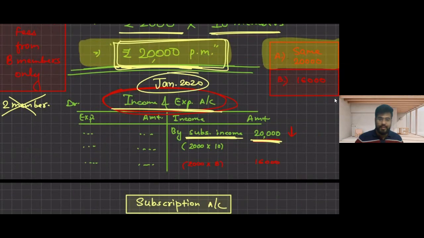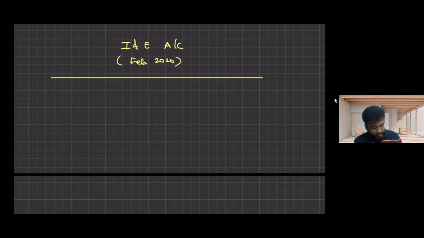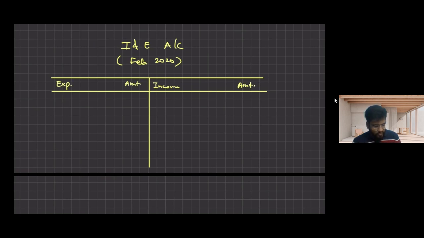So if I am preparing income and expenditure account for February 2020, so on my income side, and here we have the expenditure side, amount and amount. So on my income side, I will write by subscription income again rupees 20,000.